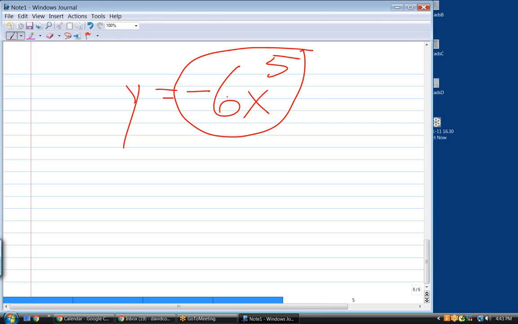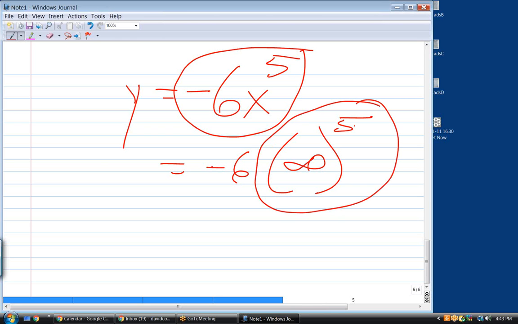Okay. What happens here? What does y do? The way to solve these is just to stick in infinity. I know they don't like to do this in class, but if you did it, that's still positive infinity. But now I'm multiplying it by a negative, so that's negative infinity.